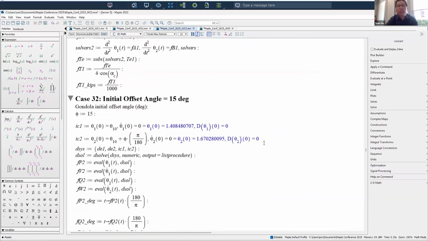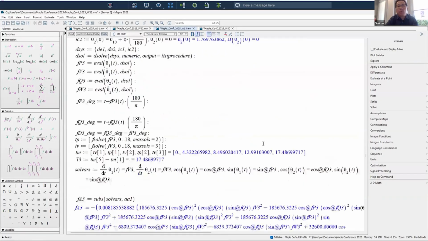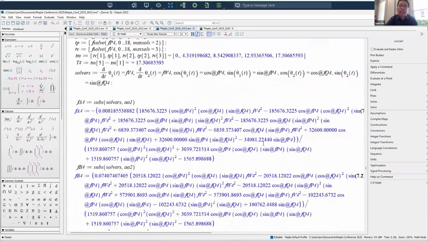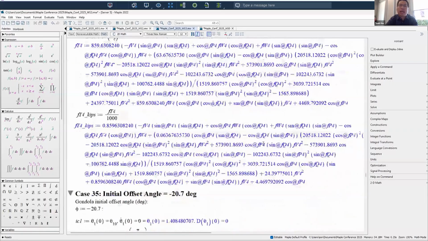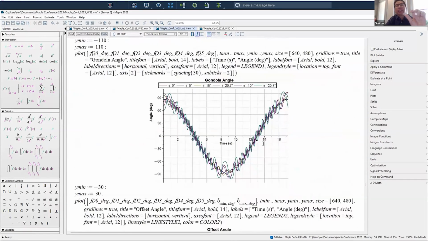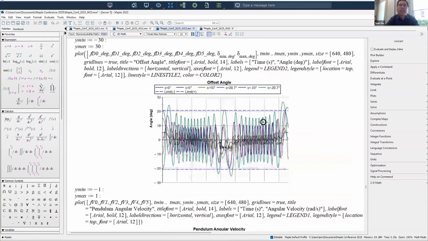The last step is we consider the initial condition of the second degree of freedom, which is the gondola, the initial angle of the gondola. You can see that if you start at 0 degrees, meaning it's aligned with the arm, it's less. But when you start increasing the initial angle, there's a lot of variation around that.